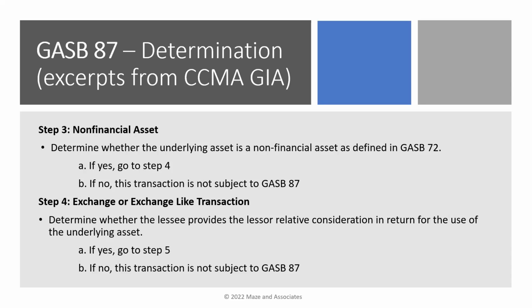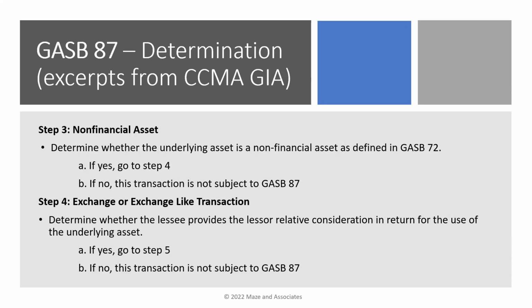So in footnote 1 to 87, it indicates that the difference between an exchange and exchange-like transaction is a matter of degree. In contrast to a pure exchange transaction, in which equal value is given and received, an exchange-like transaction is one in which the value exchanged, though related, might not be quite equal, or in which the direct benefits may not be exclusively for the parties to the transaction.